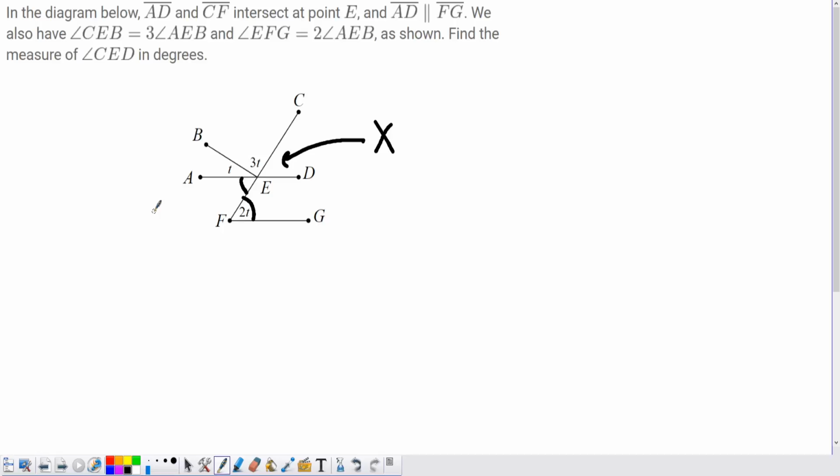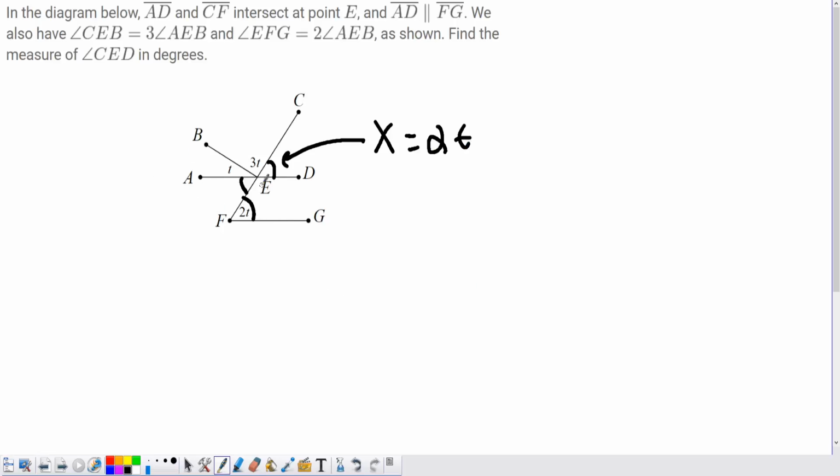And even more interestingly, these angles must be the same, because you could see that they're vertical, AEF and CED, or you could also realize that EFG is corresponding with CED. Hence, they must also be 2T.